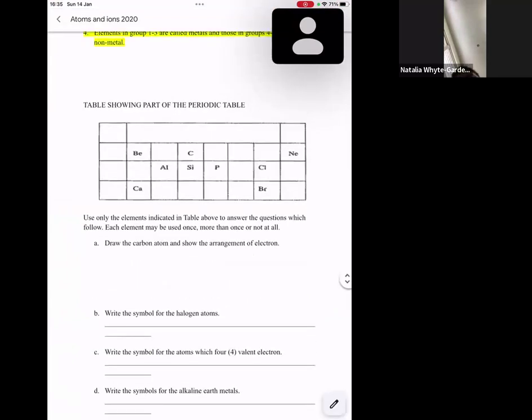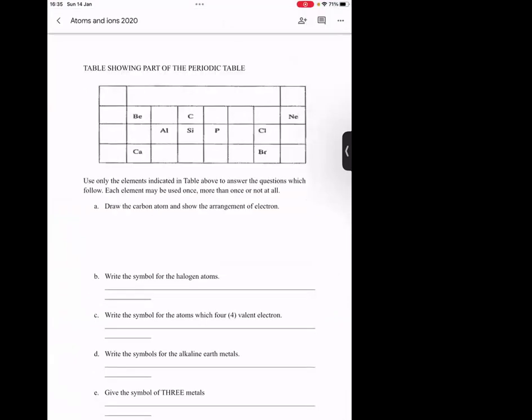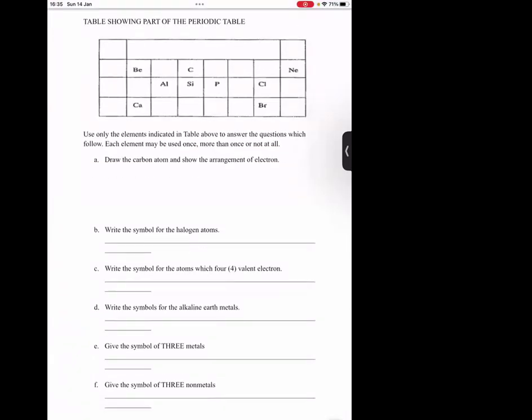So here we have a periodic table, right? Here we have a periodic table and we're going to use it. The first thing we're going to do is number the periodic table. We number the groups first.